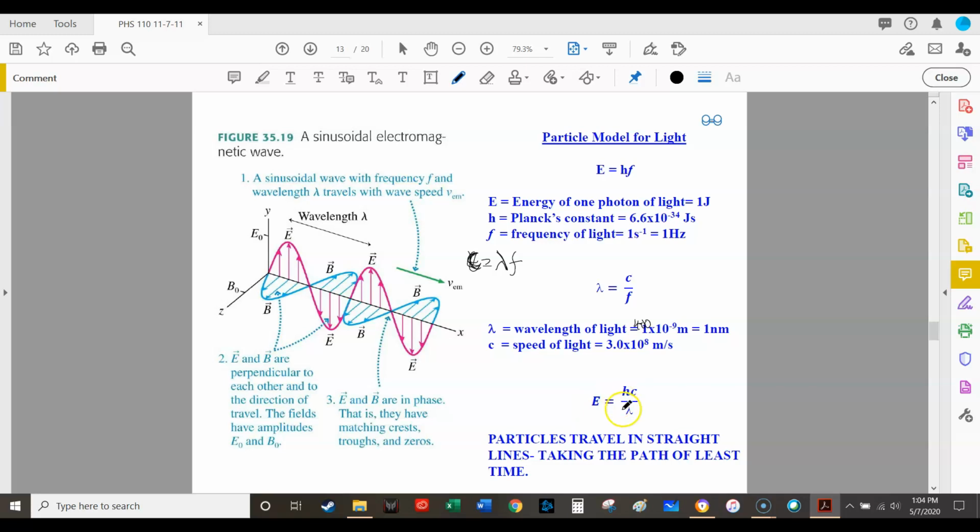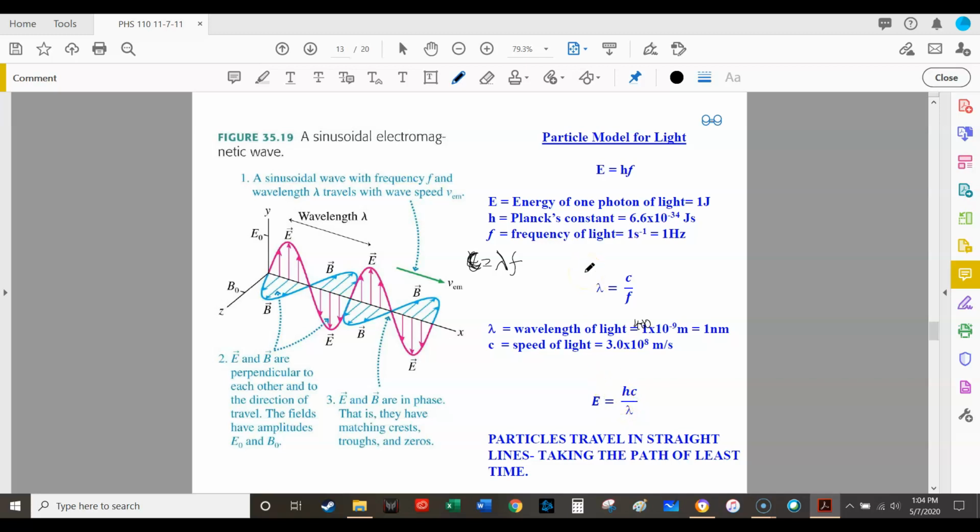So when we rewrite this model using frequency, we could actually rewrite it as Planck's constant times the speed of light in a vacuum over wavelength. And this is the energy of a photon. This is the energy for light in the vacuum of space. Okay?